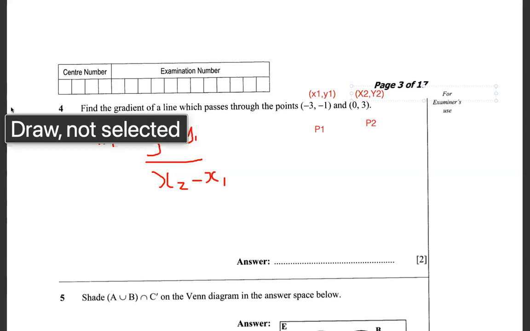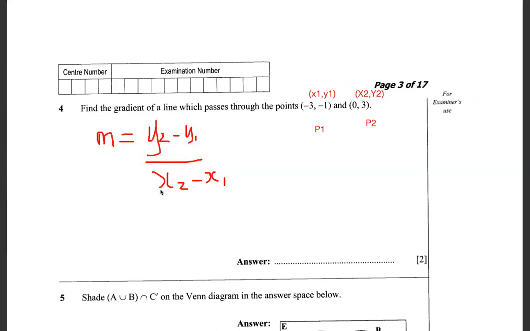Meaning in our computation, where we have got x2, we know what to put, it's 0. Where we've got x1, we'll put that. Where we have y1, we'll put that. And where we've got y2, we'll put that. So the formula says y2, and the y2 is a 3. So we're going to say 3 minus our y1, which is negative.